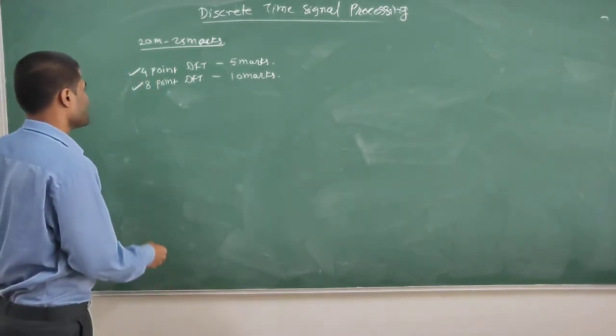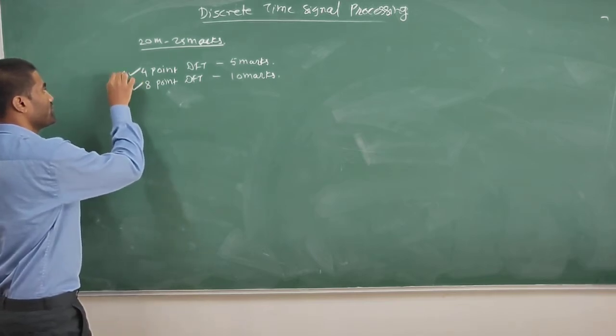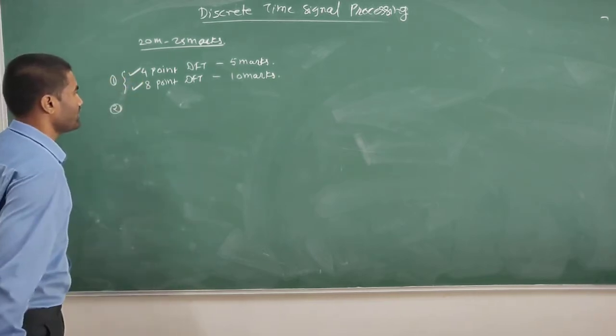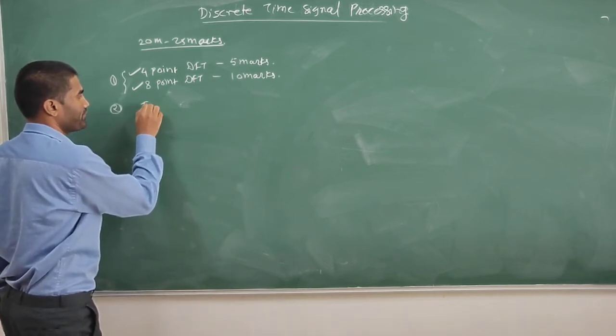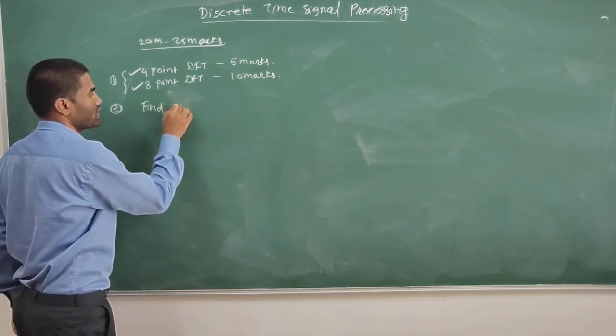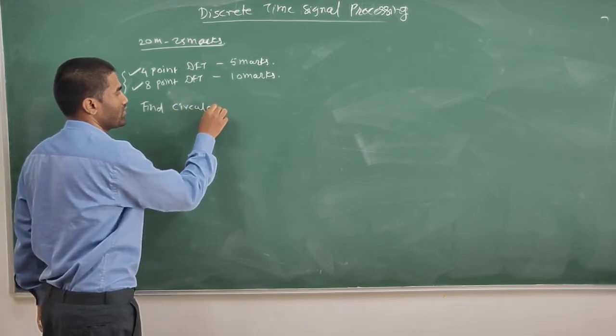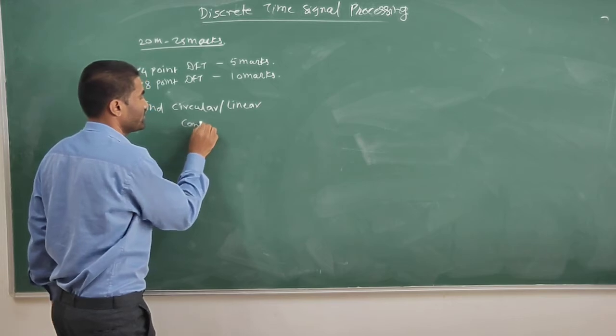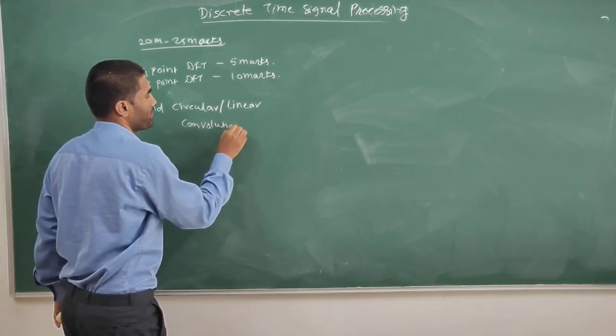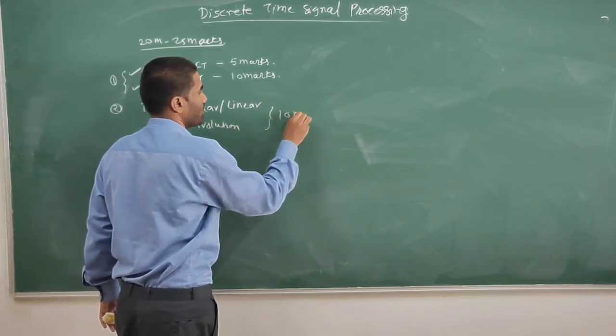The second thing is that they will definitely ask you, for 10 marks, to find circular or linear convolution. That is for 10 marks.